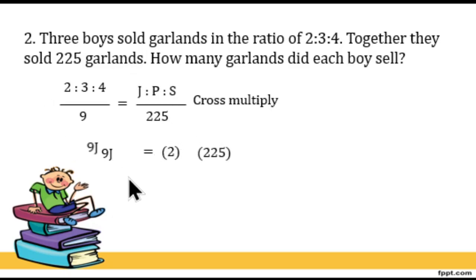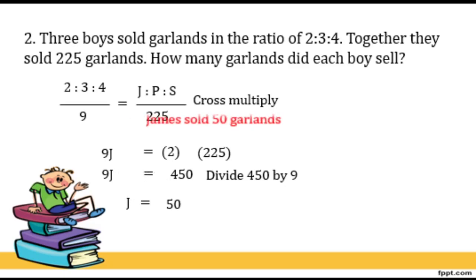Rewrite 9j, and 2 times 225 is equal to 450. Then divide all terms by 9 and then j is equal to 450 divided by 9, which is 50. Okay, so J or James sold 50 garlands. So we name J as James.